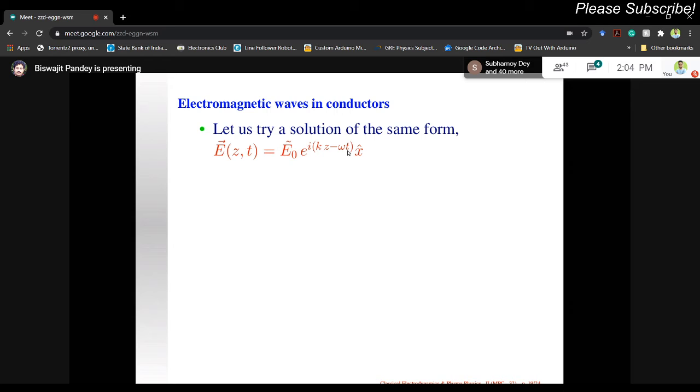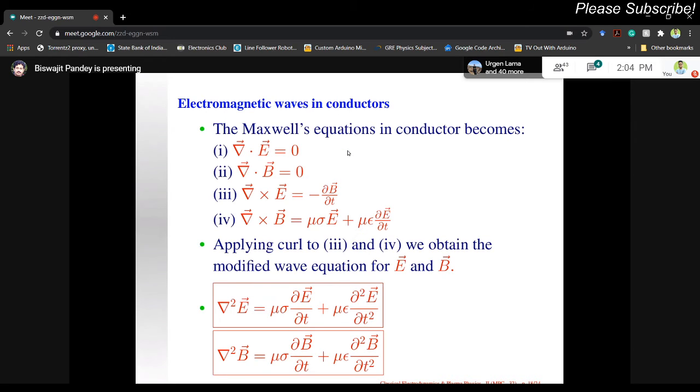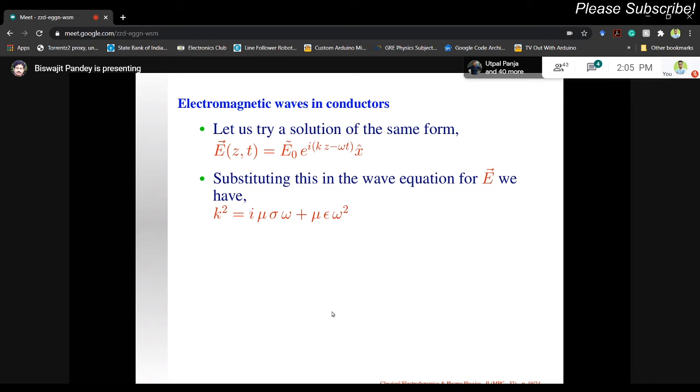So if you put all those factors, minus Laplacian of E, del E del t and del 2 E del t2, this will give you an equation like this. It's quite straightforward. You can just plug in that equation and you get this, right? Just k square equal to i mu sigma omega plus mu epsilon omega square.